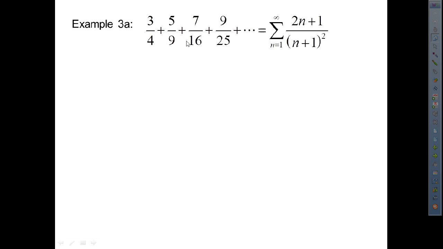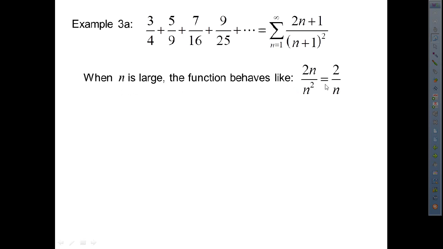All right, so looking at this example right here, we've got 3/4, 5/9, 7/16, 9/25, and this comes into the nth term expression of the sigma notation from n equals 1 to infinity of (2n plus 1) over (n plus 1) squared. Now, when n is large, the function is going to behave like 2n over n squared, or 2 over n.